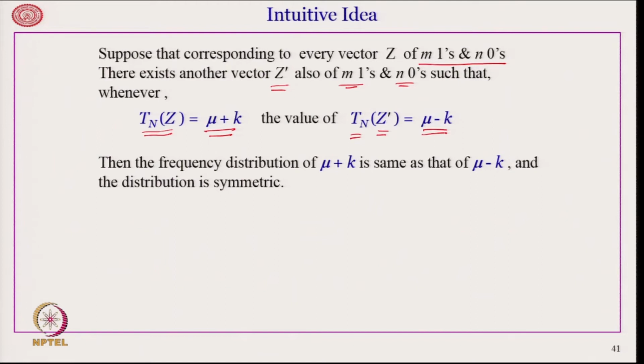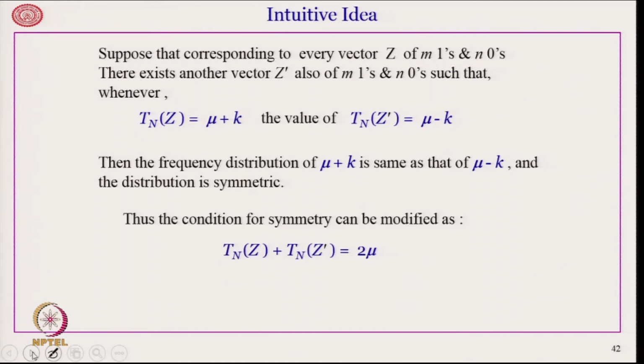That means, for each case of mu plus k, there is a corresponding case of mu minus k. Therefore, the number of cases for this is the same as the number of cases for this, and therefore, their probabilities are also going to be the same. That is what we have written there. Then the frequency distribution of mu plus k is the same as that of mu minus k, and therefore, the distribution is going to be symmetric.